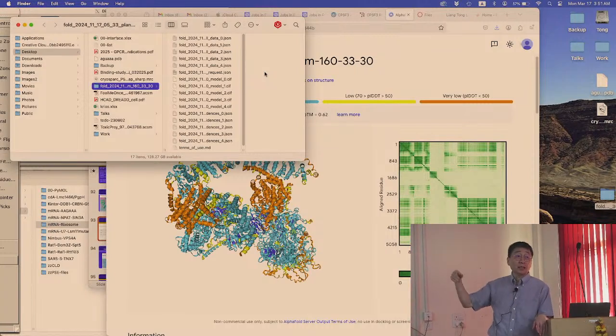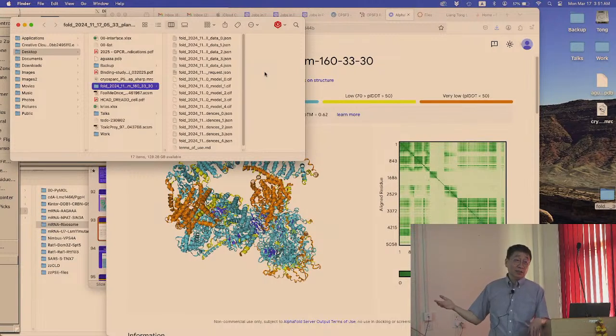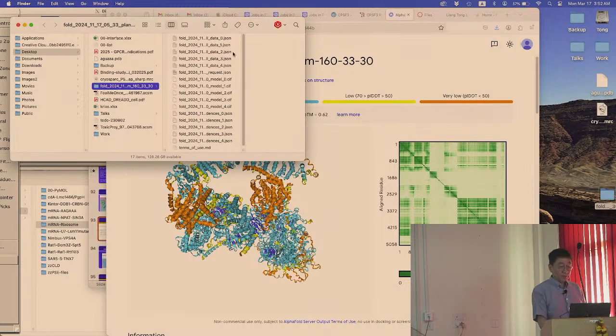They are sorted based on confidence. These are CIF files rather than PDB. PDB is old news, I guess you know that. There's a new format, the crystallographic information file, CIF. These are CIF-formatted files, but it doesn't matter; PyMOL opens them just as well. So we can open PyMOL.